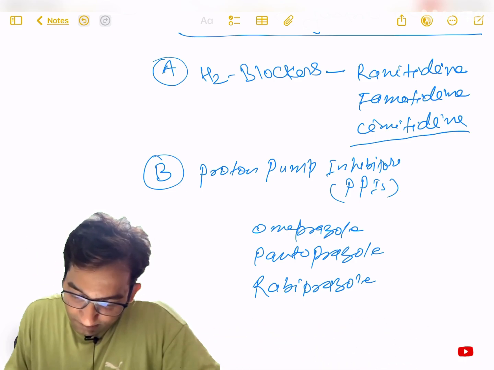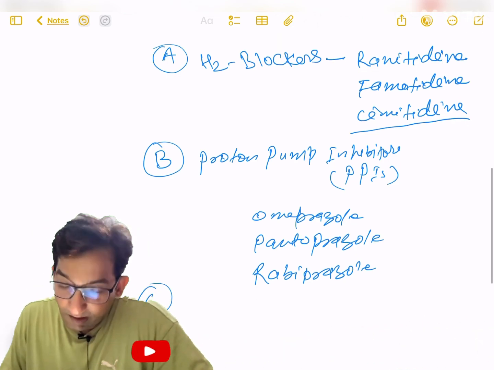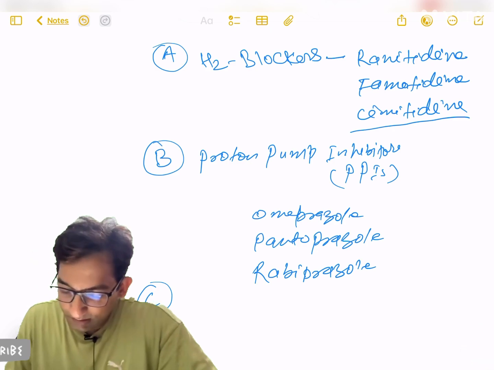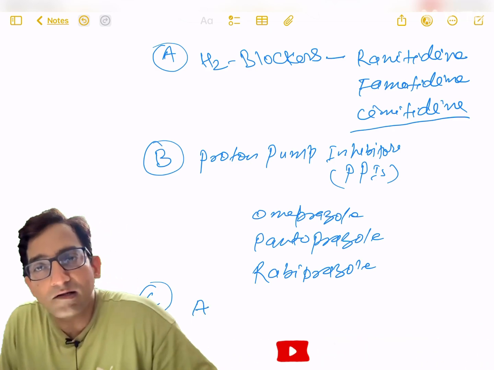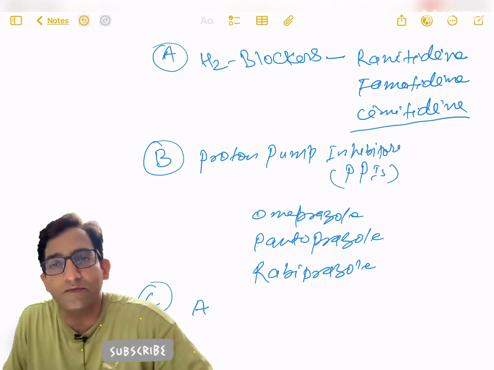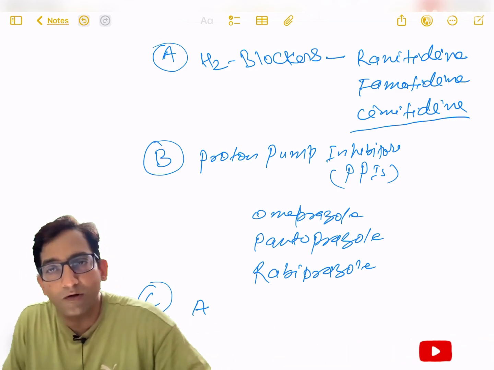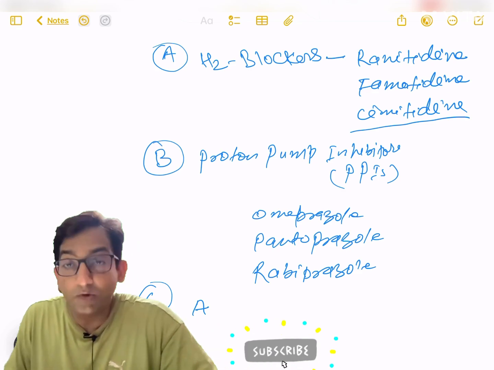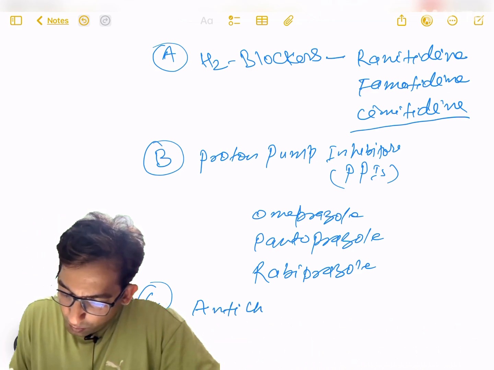Now, the next category of drugs for reduction of gastric acid secretion is anticholinergics. We know that the cholinergic receptor, the muscarinic receptor, is also responsible for the secretion of gastric acid. That is why we use their antagonists, their blockers, to reduce gastric acid secretion, that is called anticholinergics.